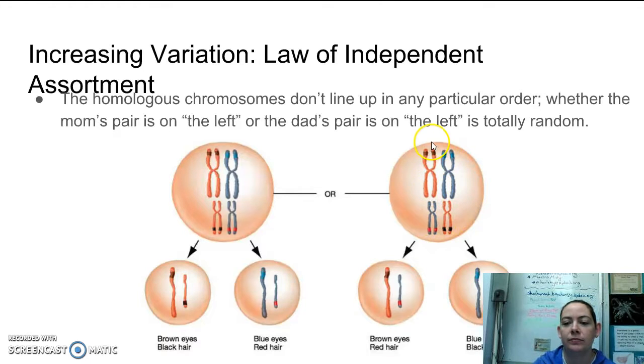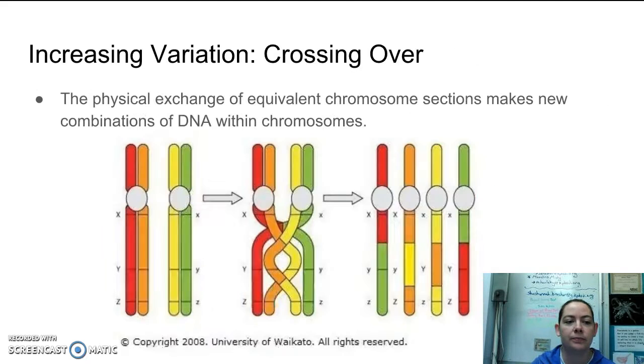It'll be random. And then everything on this side will go into this gamete. Everything on this side will go into this one. So you're going to get a nice mix of alleles from one side of the family and alleles from the other side of the family. So that helps to increase genetic variation in the kiddos.